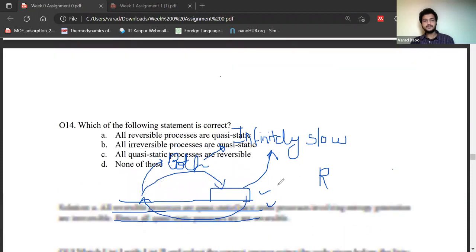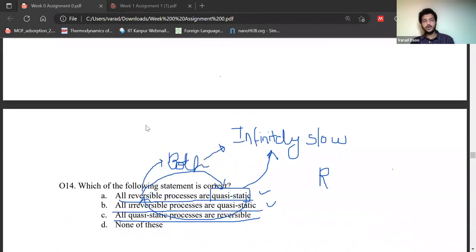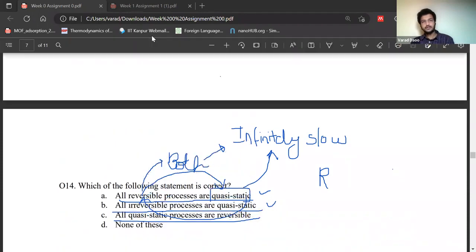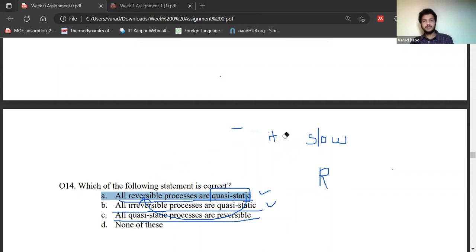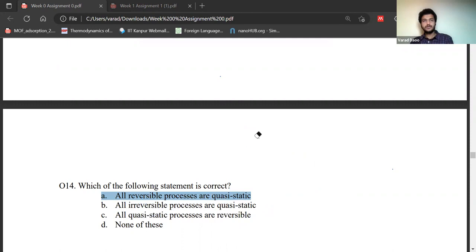Okay, the answer is option, you guessed it correctly, it's option A. All reversible processes are quasi-static processes, where the reverse is not true. Okay, so let me erase it and do it. All reversible processes are quasi-static processes.